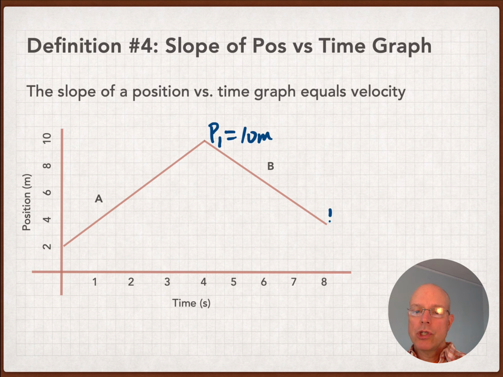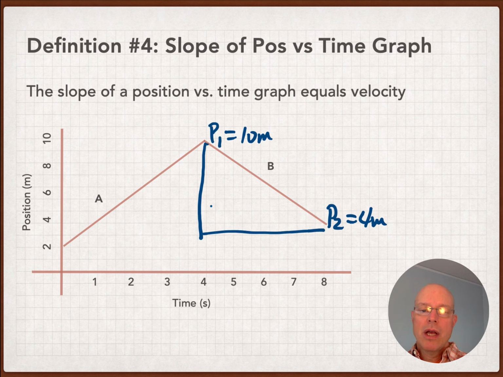That tells us position 2 was equal to 4 meters. And it looks like that whole section of graph went from 4 seconds to 8 seconds. So if I make another line segment here, a little sloppy, then the rise is this much of a drop right here, and the run is this.